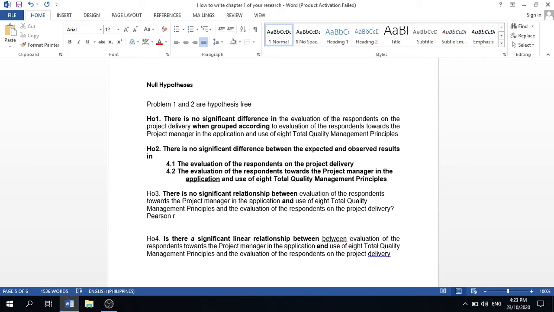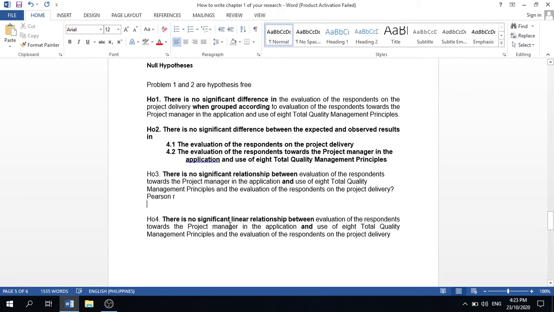And our null number 4, HO4. Change that and put: there is no significant linear relationship between the evaluation of respondents on the ratio manager and application use and the evaluation of the project delivery.